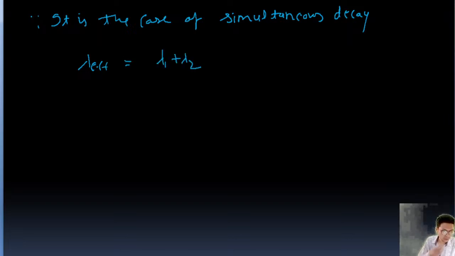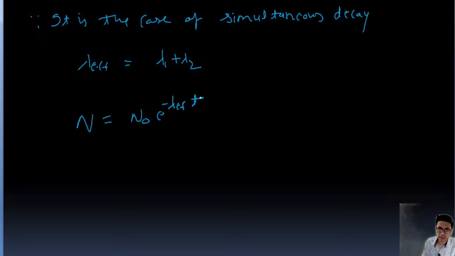In that case N is going to be, we have a formula, right? N equal to N naught e to the power minus lambda t. So in this case it is going to be e to the power minus lambda effective t, right? Because it's a case of simultaneous decay.